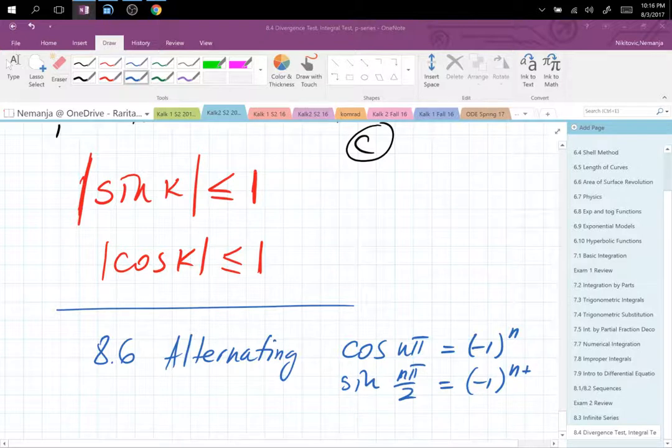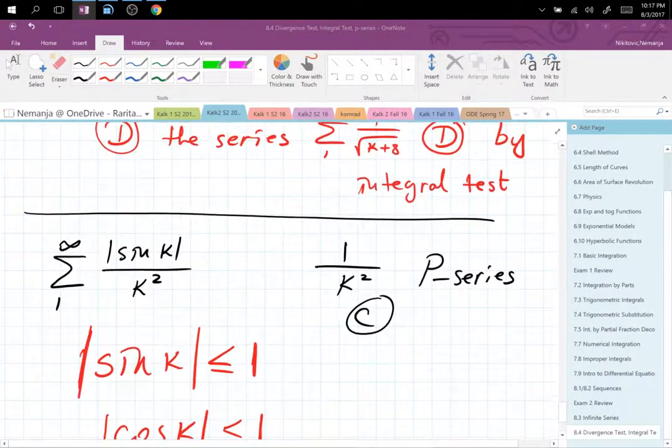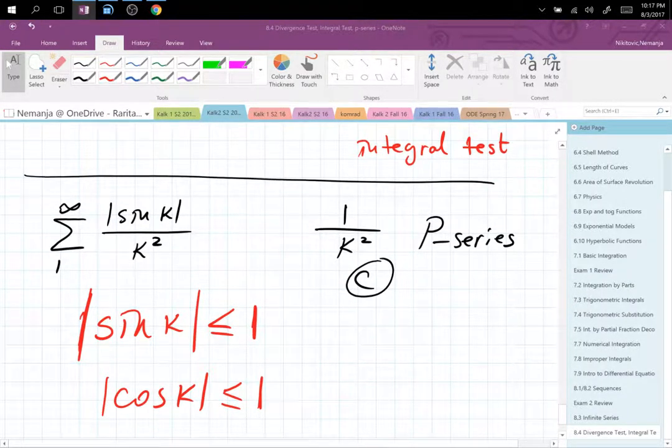Actually, plus 1 in this case, right? Because sine of pi over 2 gives you a positive. So yeah, I was right. Either plus 1 or minus 1. So if you get anything else other than these, you just ignore sine and cosine, because it's like equal to 1, and times 1 doesn't do anything to it. So this problem that looked really bad is actually just a p-series done by using your eyes.